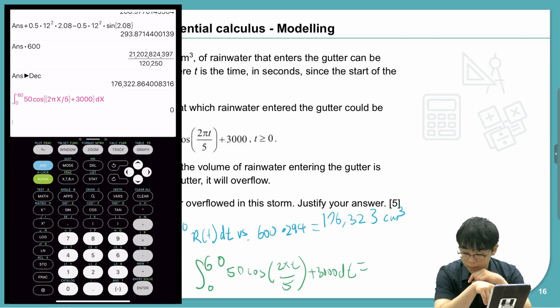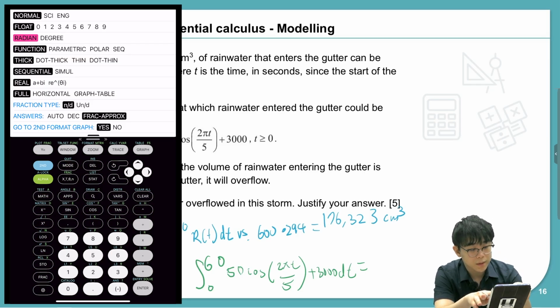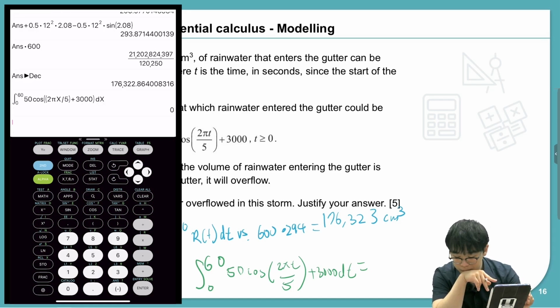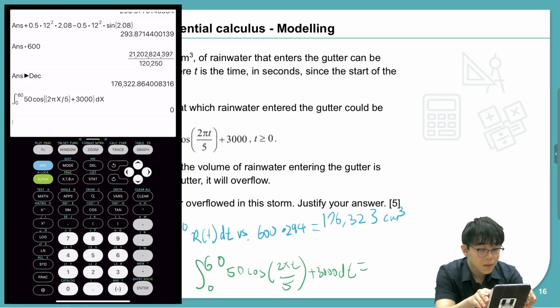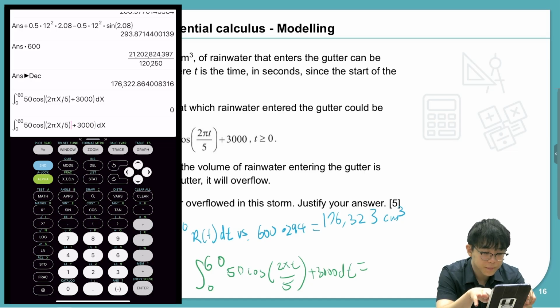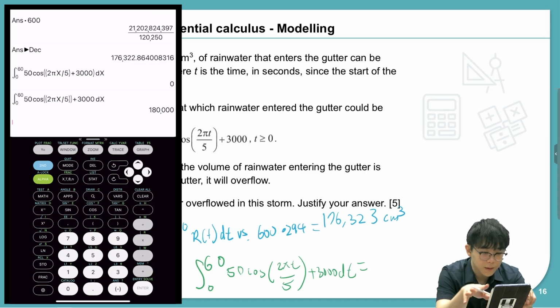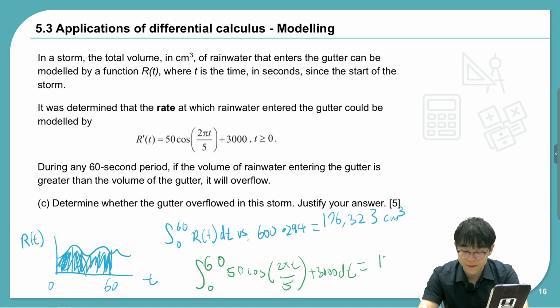Oh, and you probably want to do this in radians. And you want to close the brackets here. Okay, there we go. And that gives us 180,000 cubic centimeters.